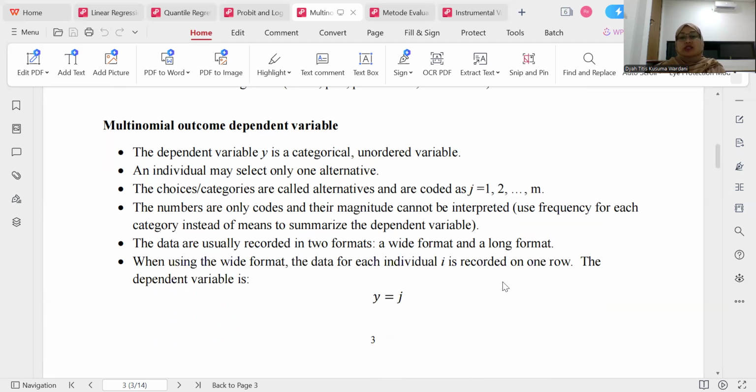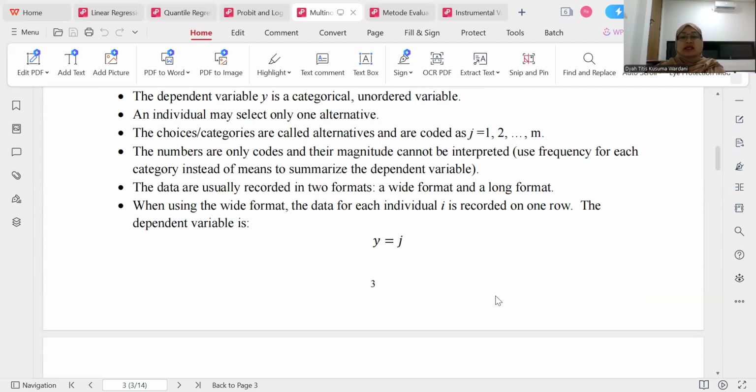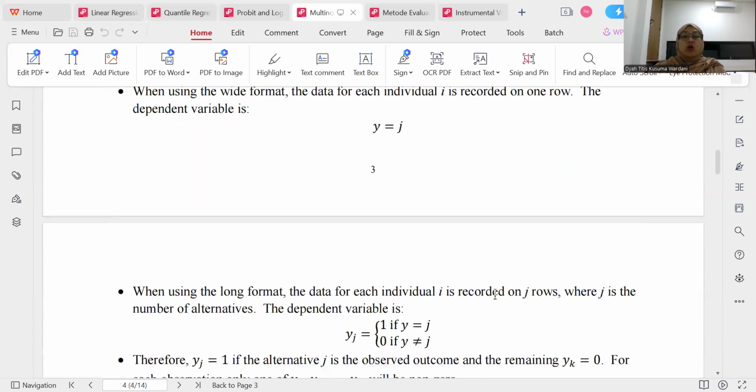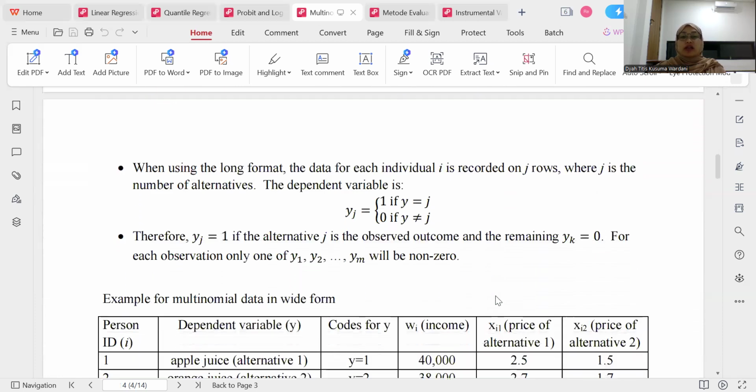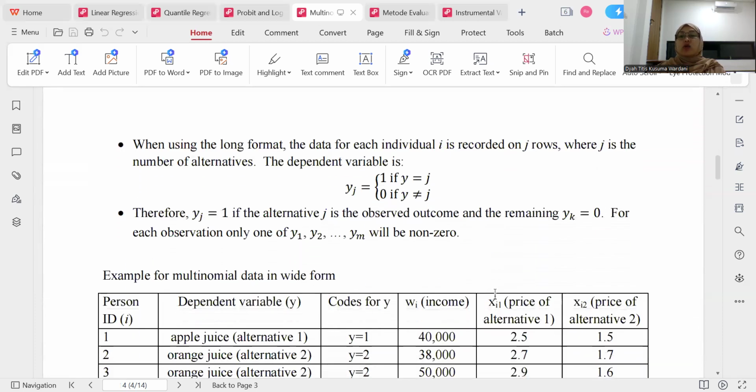The data are usually recorded in two formats, a wide format and a long format. When using the wide format, the data for each individual i is recorded on one row, and the dependent variable is y equal to j. When using the long format, the data for each individual i is recorded on j rows, where j is the number of alternatives.